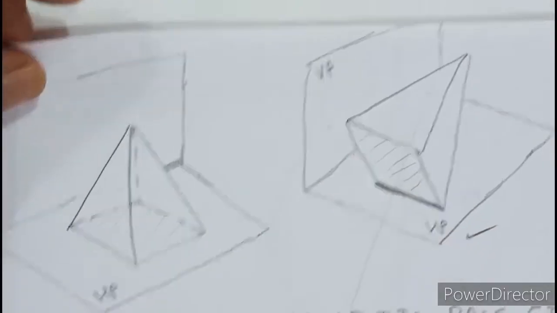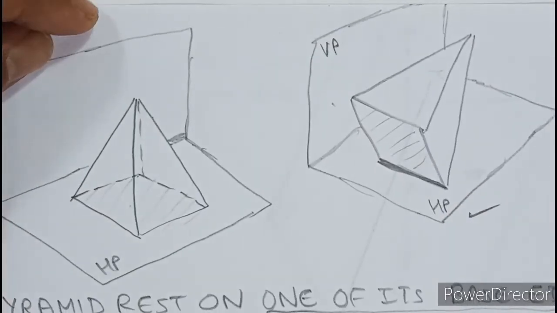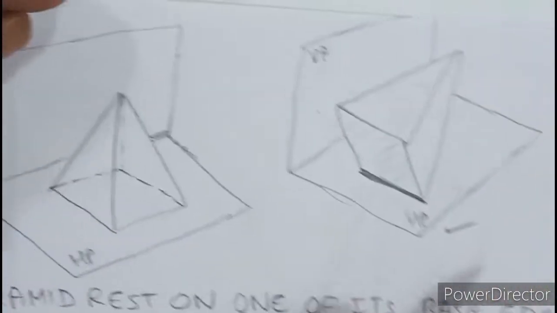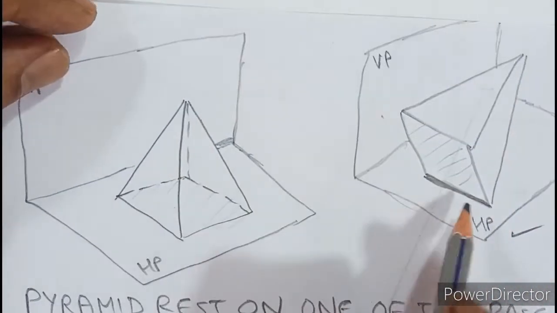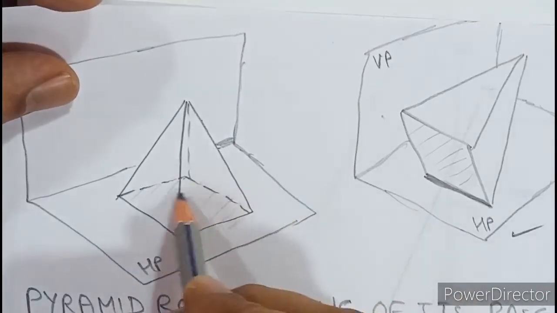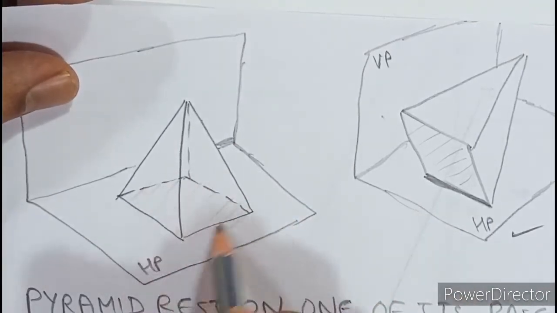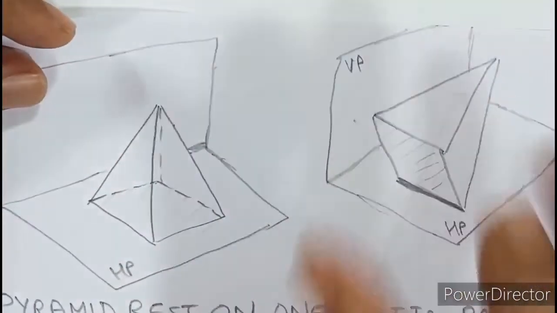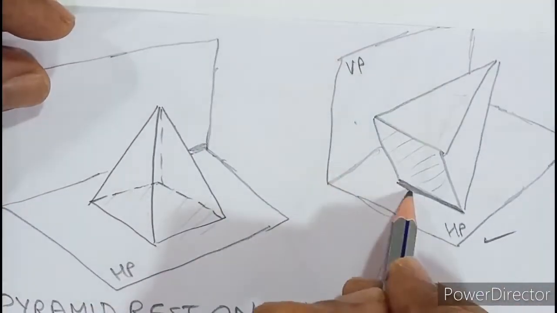Now if you look at both the diagrams, whenever in the question they mention, pyramid rests on one of its base edge on HP, what you should do in the first stage is intentionally make the entire base rest on HP first, and then in the second stage tilt it such that one base edge rests on HP.